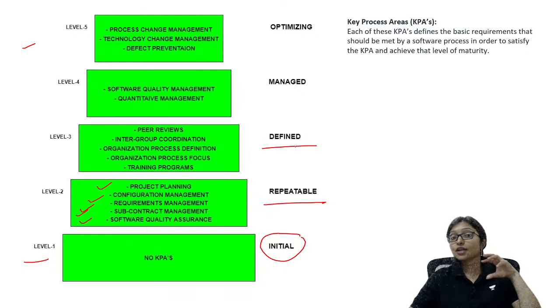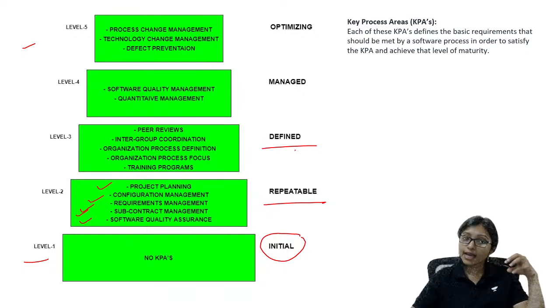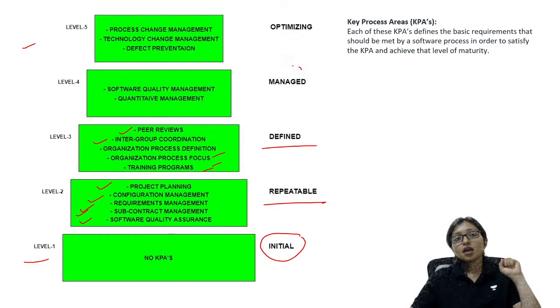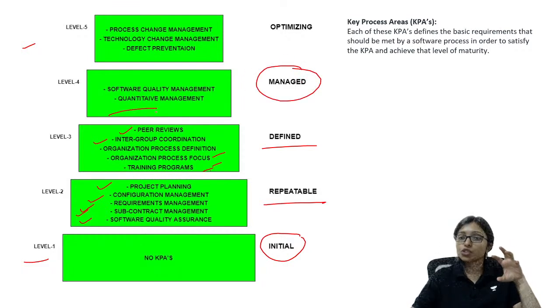Level 3 is defined, when they focus more on process and project definition: peer review, intergroup review, process definition, organization definition, and training program. Level 4 is managed, where quality and quantitative management is the most important part.